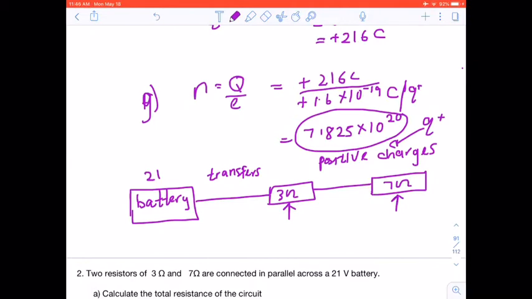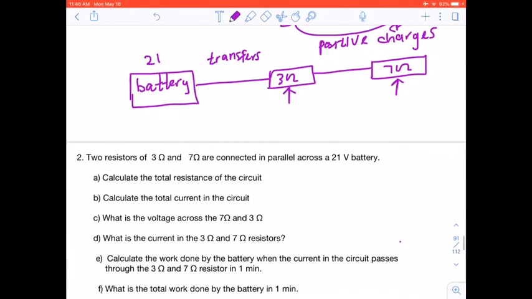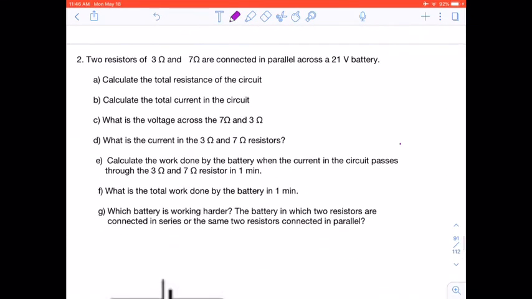If the electric potential energy in the battery is less, the chemical reactions in the battery have to work harder in order to change the chemical potential energy of those reactants and transform them into electric potential energy.